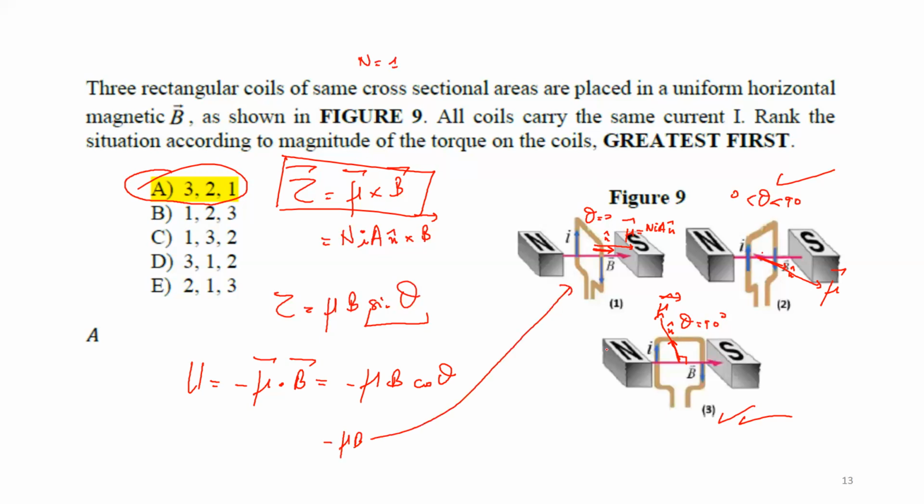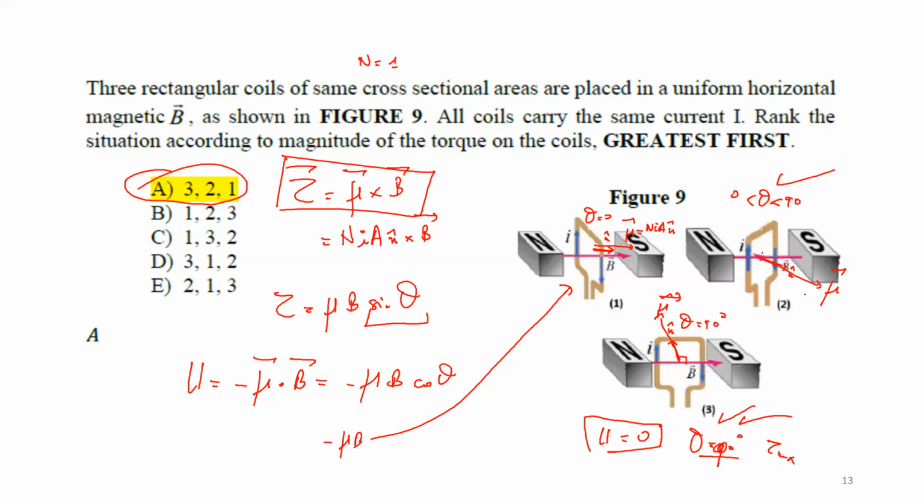So what do you think? Here you will have U equal to 0, because the angle is 90 degrees. So the torque is max, but the angle is 90 degrees, so U is 0.